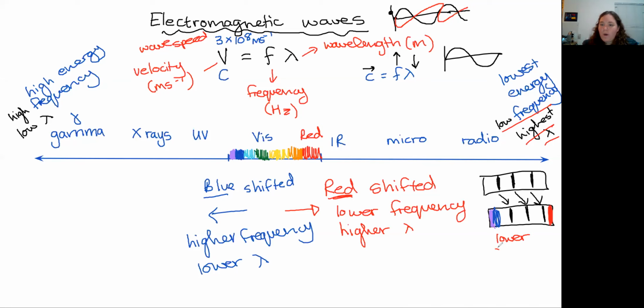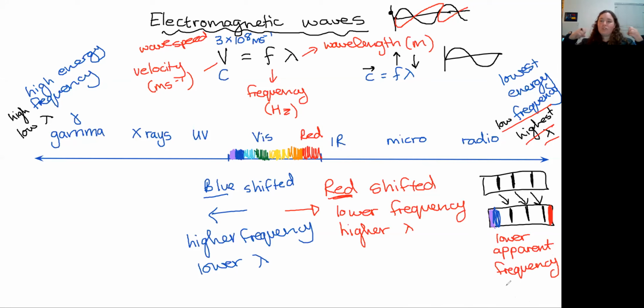So there is a lower apparent frequency, and that tells us in terms of the Doppler effect that the planet, or whatever that thing is we're seeing, and ourselves must be moving away from each other.